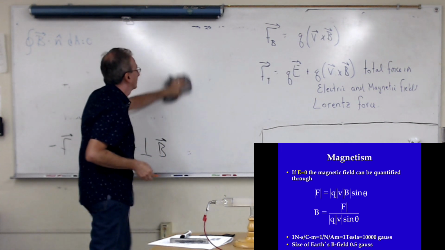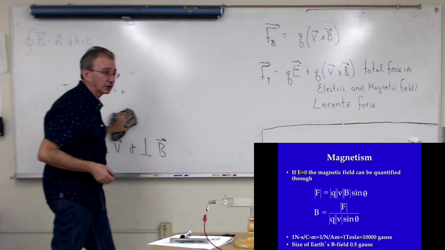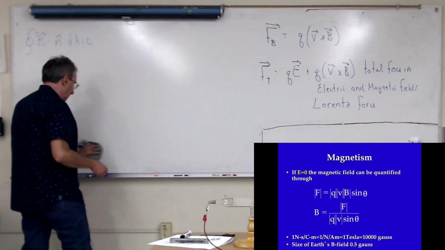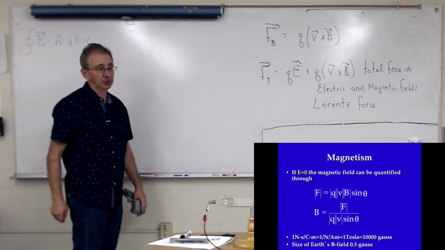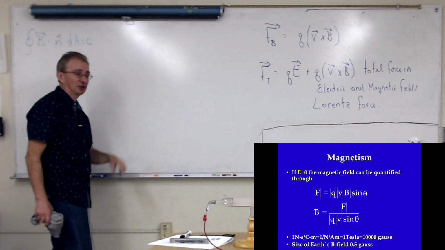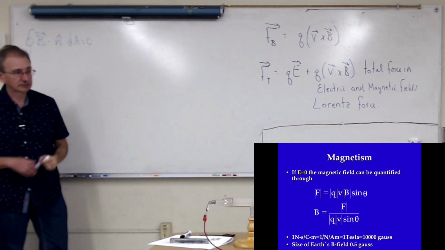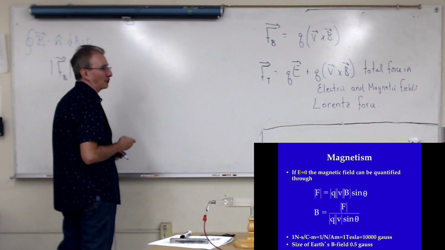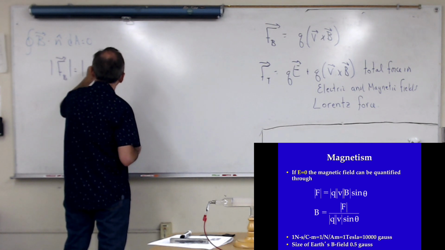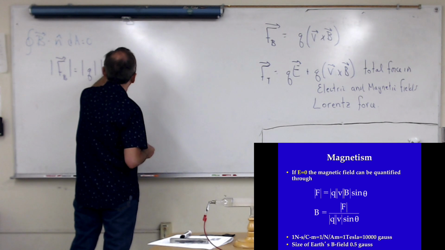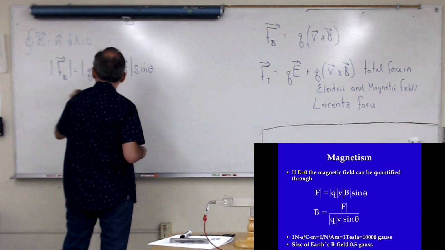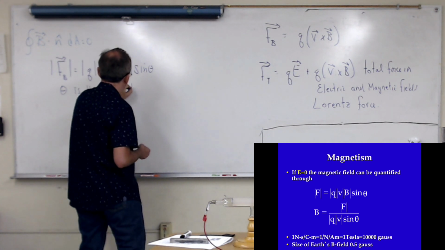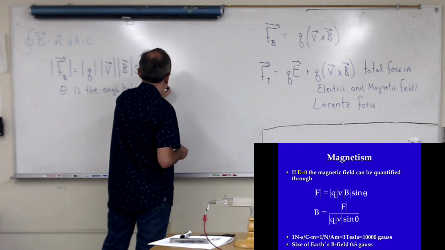We know from experience that the magnitude of F is proportional to Q, proportional to V, and proportional to B, and the angle between V and B. So the magnitude of the force, using our definition for a cross product, is the magnitude of Q times the magnitude of V times the magnitude of B times the sine of theta, where theta is the angle between vector V and vector B.